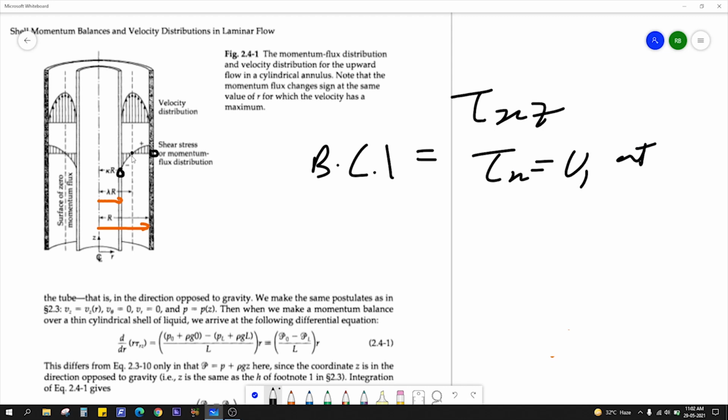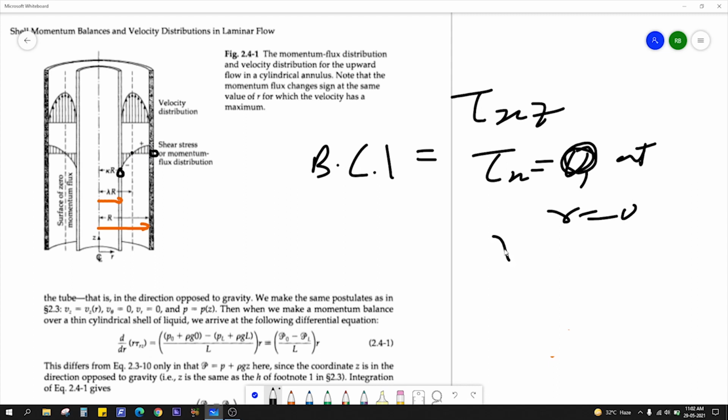It's not the center, it's the annulus region, so you cannot say at r equal to 0 it is 0. It is somewhere in between kappa R and R, and it is definitely not 0 at the center of these two points.